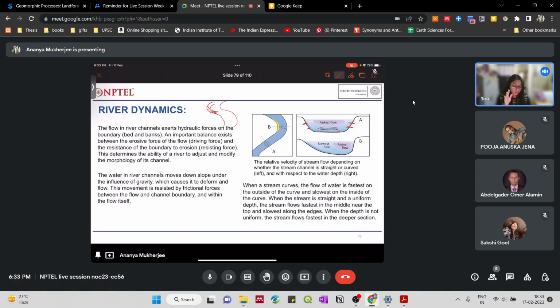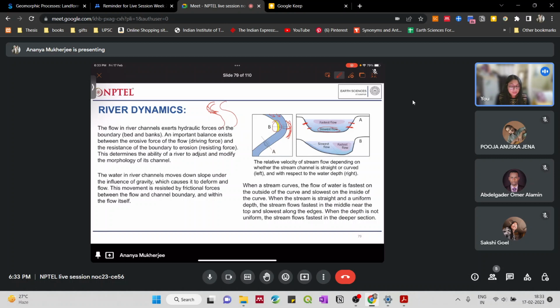The flow will be slower on the inner side of the channel, and on the outer side of the channel it is going to be greater. So this part will get eroded, and whatever sediment it is carrying from here will get deposited in the area where the flow is slower. This only happens when the river is bending at a place.